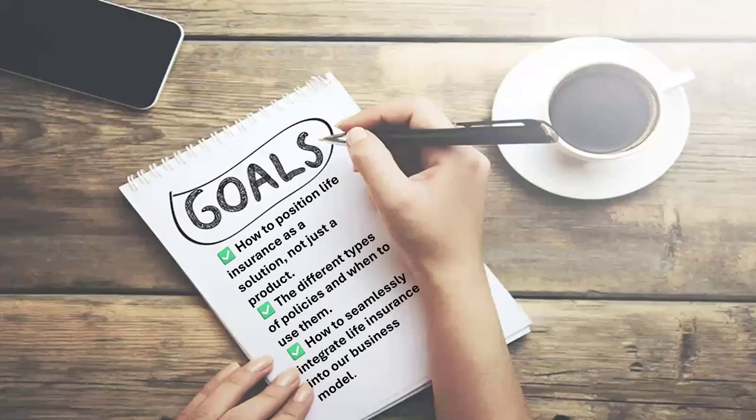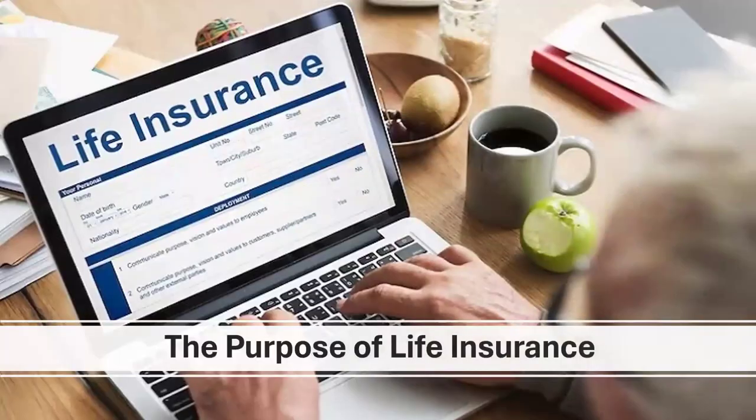Remember, you need to give clients the best opportunity to get in front of them what's going to best take care of their needs, goals, and situation. And then how to seamlessly integrate life insurance into our business model. How do we sell a lot more life insurance at higher premiums without necessarily talking about life insurance on the front end? That's what we're covering today. Those are the goals.